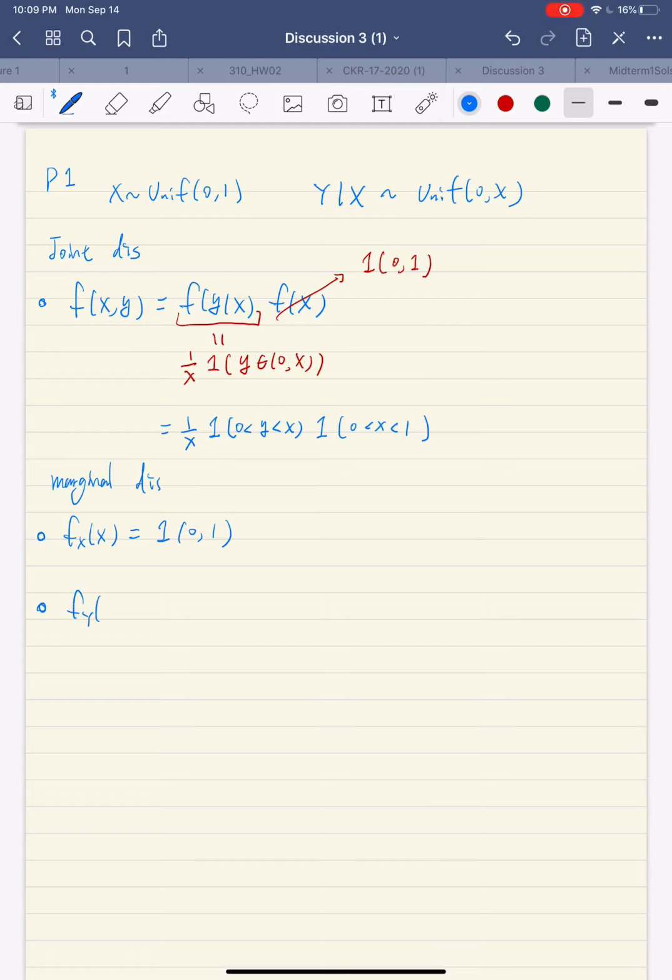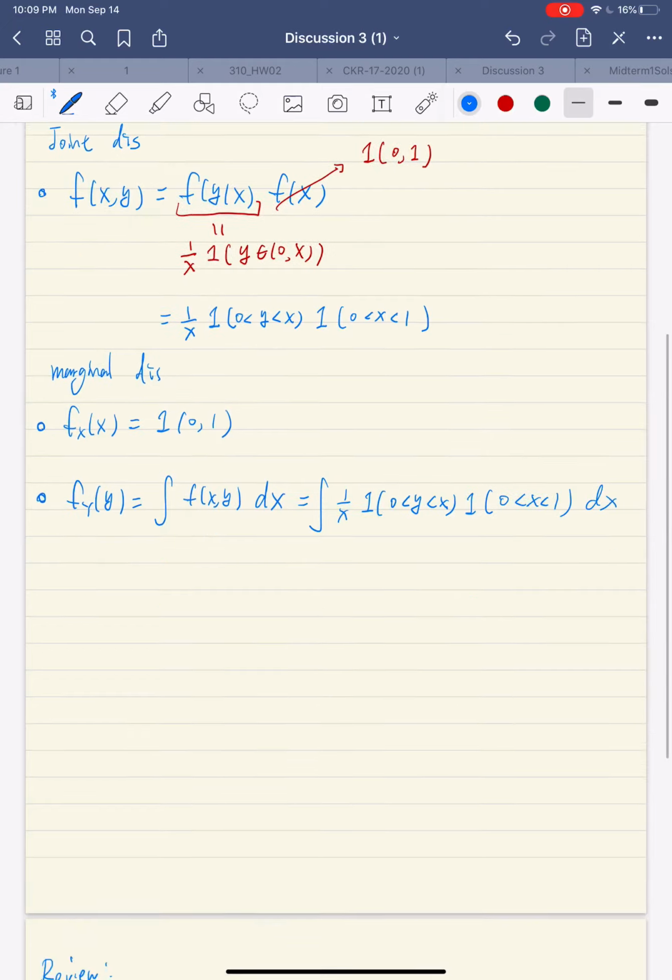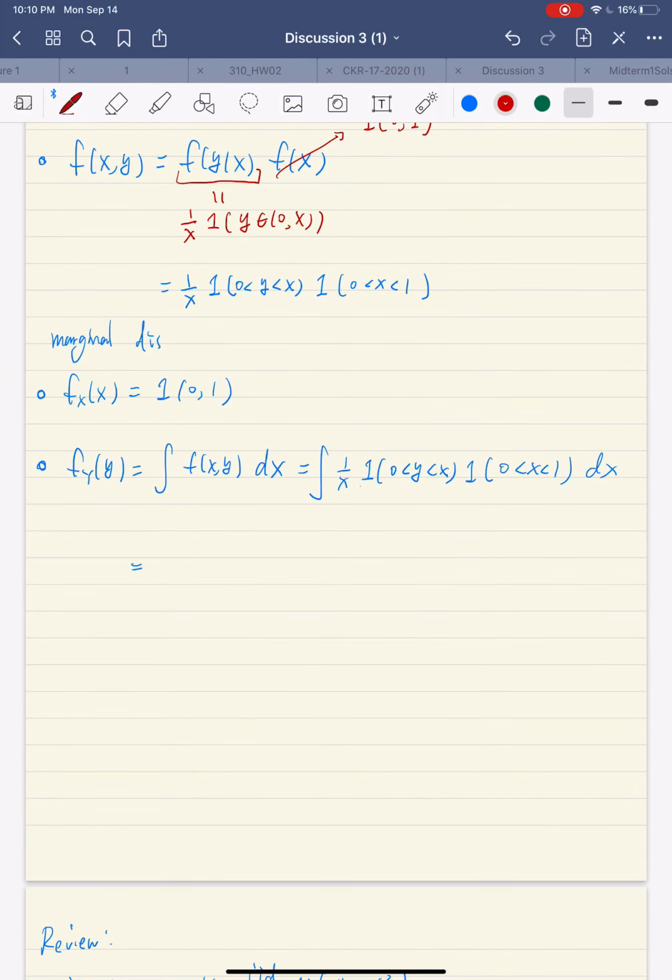However, if we want to know the marginal distribution of y, we need to integrate the joint distribution over x. So it becomes the integral of 1 over x, indicator function of 0 to x for y, indicator function 0 to 1 for x, dx. Now you can see that x will be greater than y, and x is also smaller than 1.